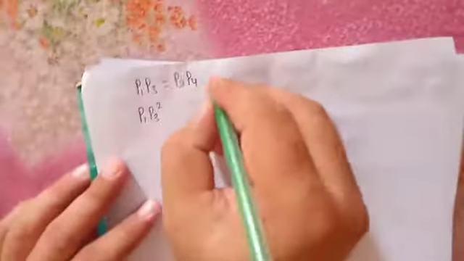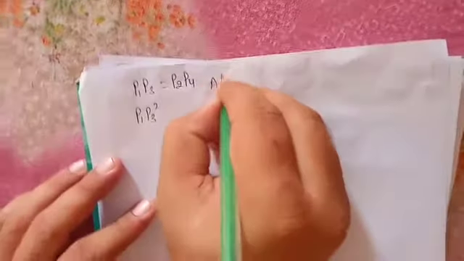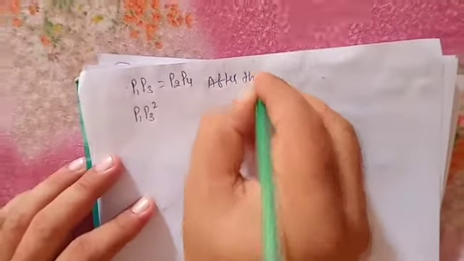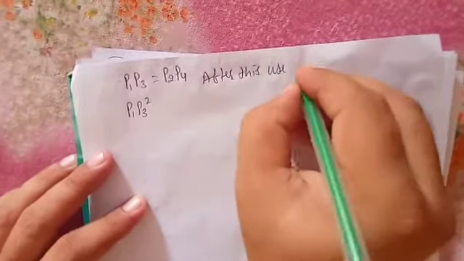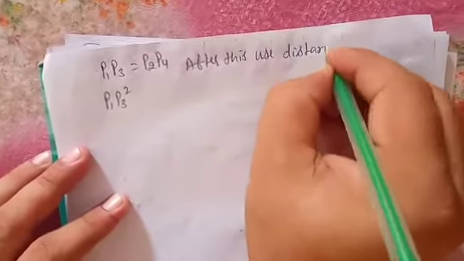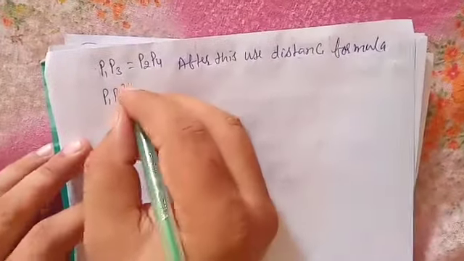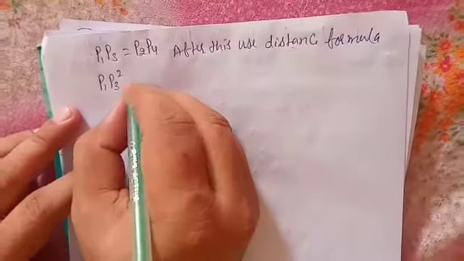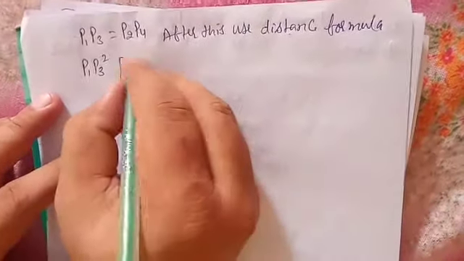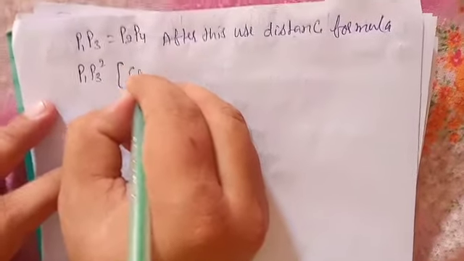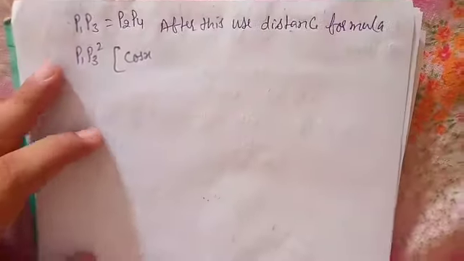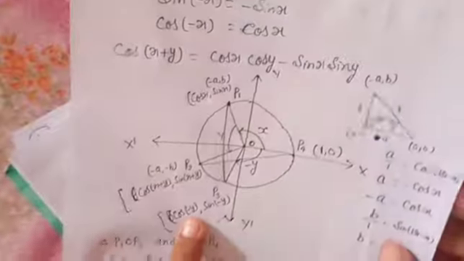by distance formula. After this, use the distance formula and put them together. So what are the coordinates? This is cos x. Cos x is the coordinate minus P3. P3 is this, its x coordinate is what?